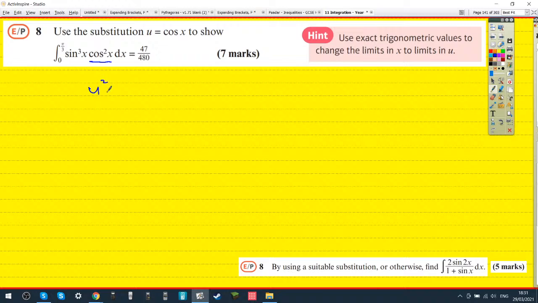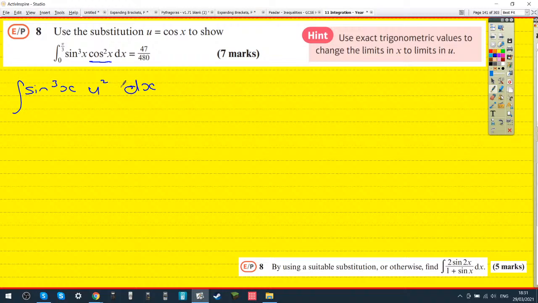I don't really know how these things are going to go, so let's just put in what we can. Could I do u equals the square root of 1 minus sine squared x? I suppose you could, but I don't like this square root stuff because I think it would be plus or minus. So that's the easy substitution.